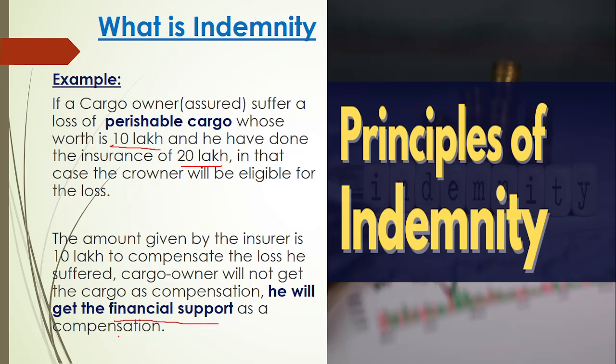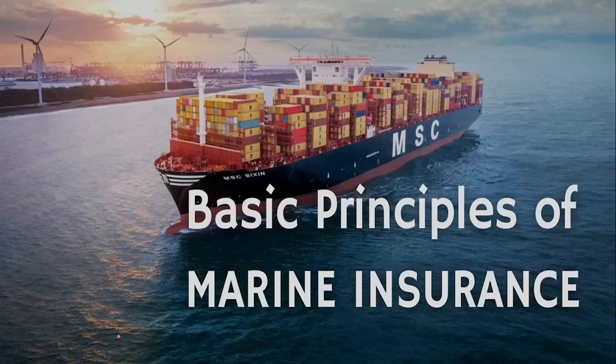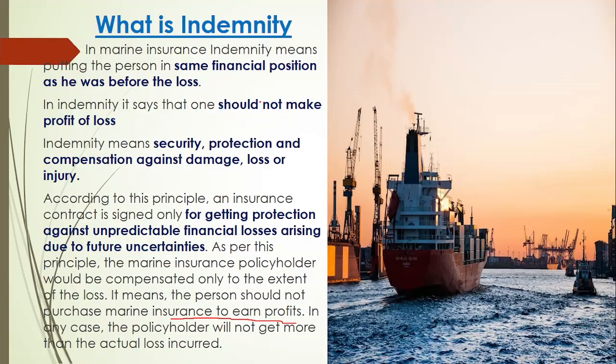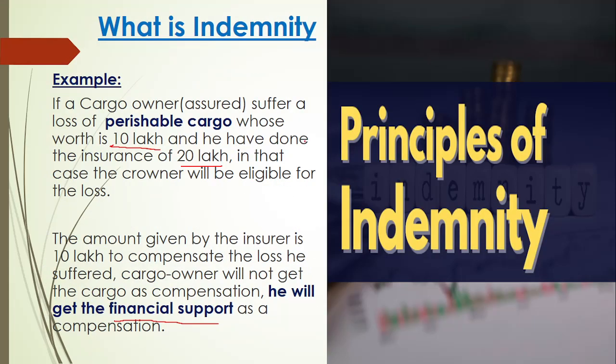What this means is, suppose you are carrying a cargo which is perishable in nature and you have suffered damage of 10 lakh. You have done an insurance of 20 lakh. As you have done an insurance of 20 lakh, you are well covered under your loss.